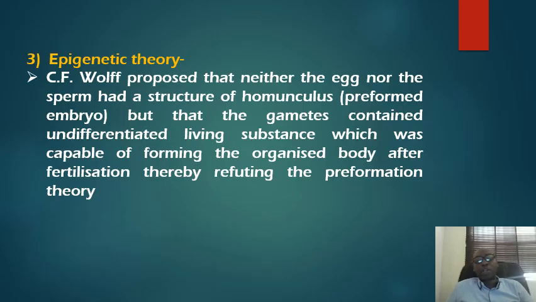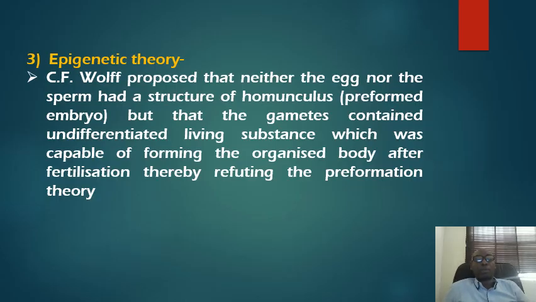Looking at the epigenetic theory, Wolff proposed that neither the egg nor the sperm had a structure of homunculus, a preformed embryo. He negated the study of the previous researchers that says that the gametes contain a preformed embryo. Rather, he went on to say that the gametes contain undifferentiated living substance, which was capable of forming the organized body after fertilization, thereby refuting the preformation theory.